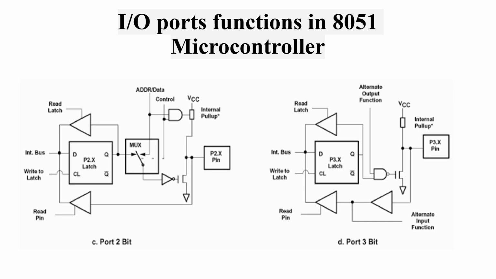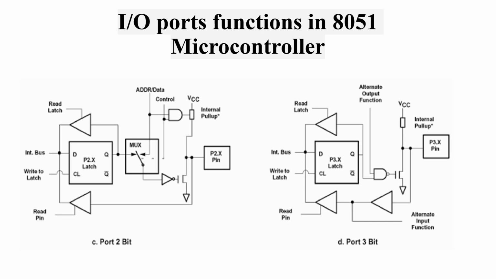The upper bits 2.4 to 2.7 carry the upper address bus A8 to A11. This is similar to the P0 port. Careful configuration is needed to avoid conflicts during memory operations.